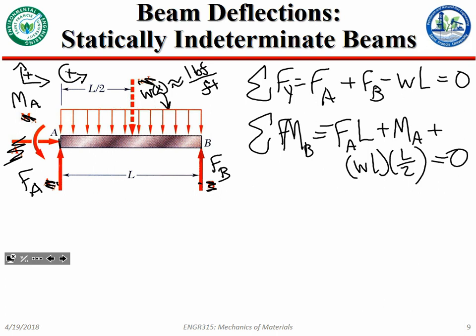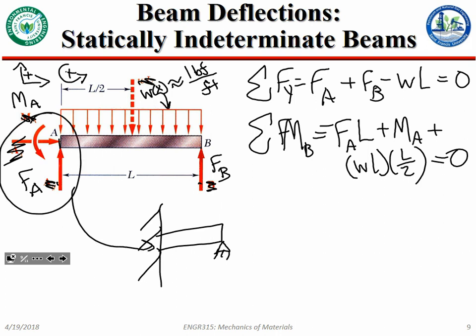So is MA a support force? A support moment? Remember our diagram? We have a beam that's fixed, and there's a pin over there. So all these come from that support there. This one comes from that support there.